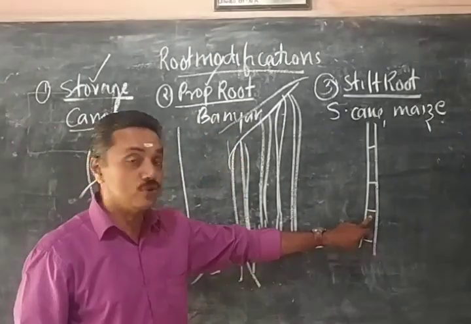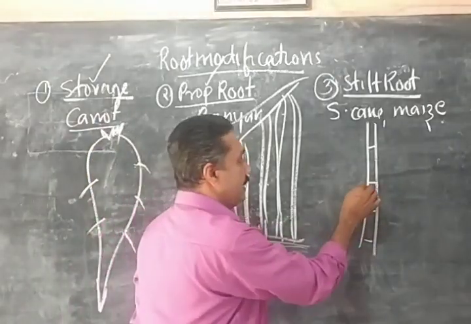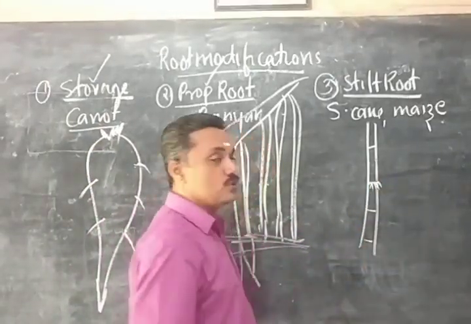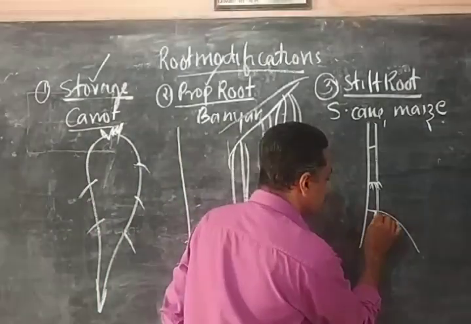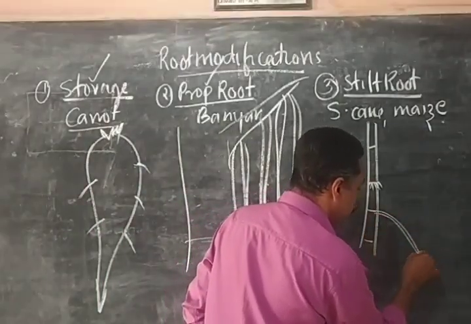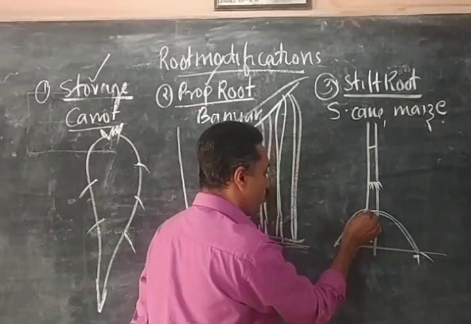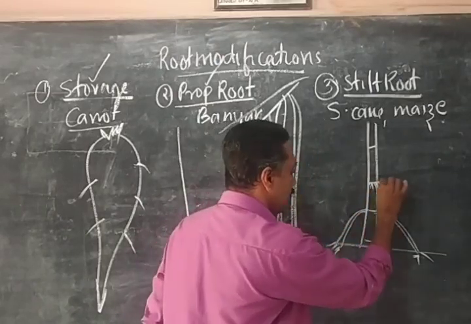From the lower nodes, small roots originate, grow downwards, and give mechanical support.